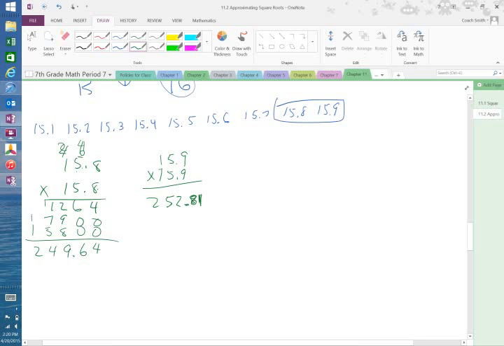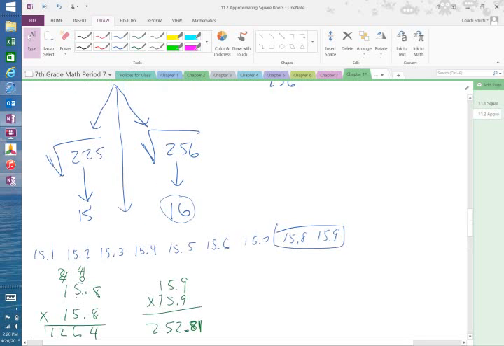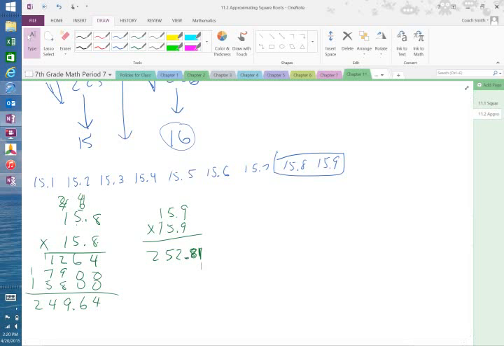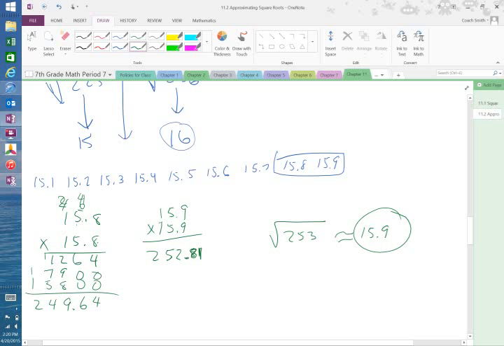Okay, 252.81. Well, is that close to 253? Yeah, it is. So the square root of 253 is approximately 15.9, because we know that 16 times 16 is 256. So obviously 252.81 is going to be closer to 253 than 256 is. Okay? Isaiah?